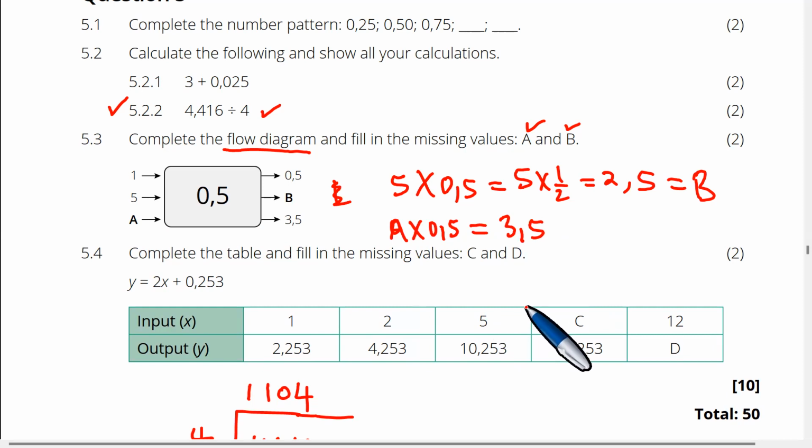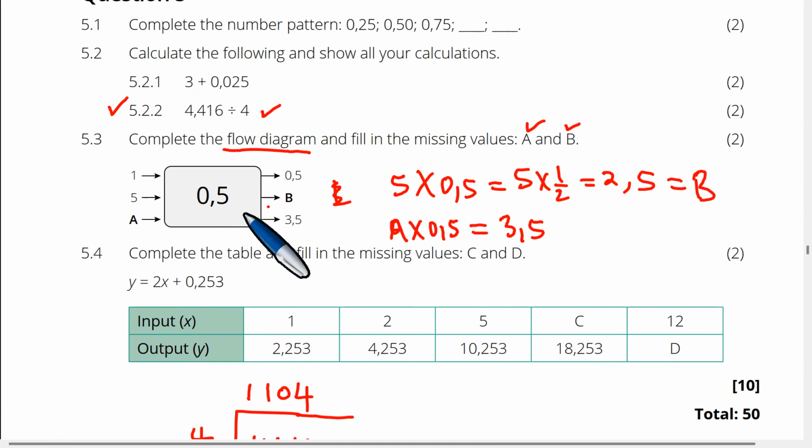So what is the answer? How do you get A? We're multiplying A times 0.5, and the answer is 3.5, because these are the answers on the right of the flow diagram. So 5 goes through the flow diagram and becomes B. 1 went through and became 0.5.